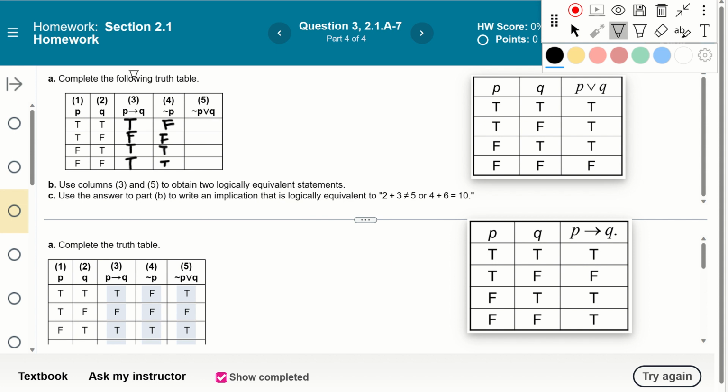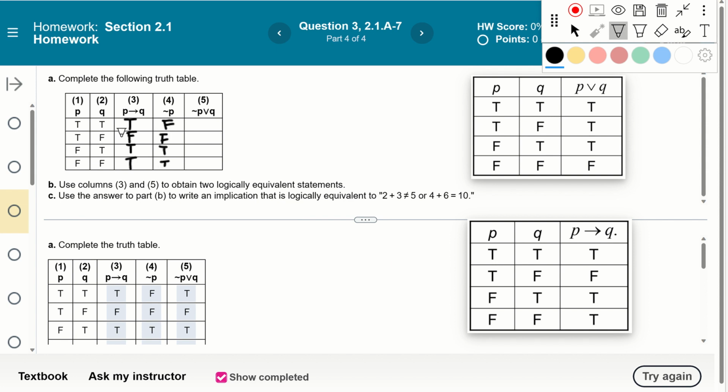So now we want to look at not P or Q. So you're focused on the second and the fourth columns, right? Remember, this is a disjunction, which is only false if they're both false. So looking at the second column and the fourth column, where is it that they're both false?